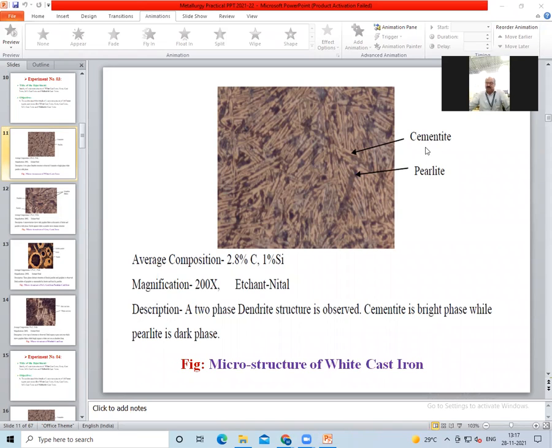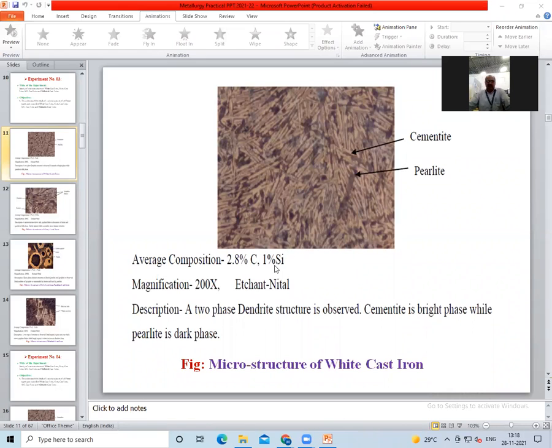So this is the composition of perlite and ferrite. Two compositions, cementite, but carbon percentage is above 2.8, and here is the silicon. Anyhow, you have to remember that cast irons start above 2% of carbon; below 2% of carbon, steel is there.